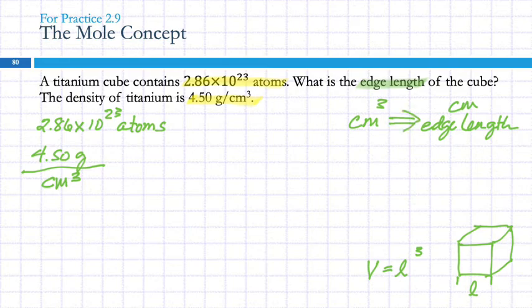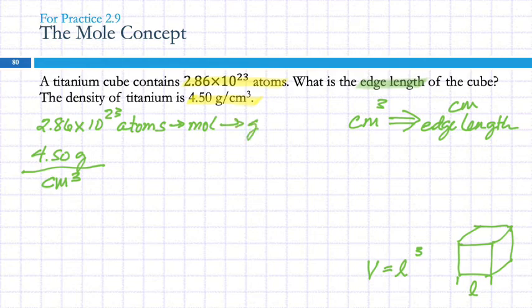And I'm going to make this a different looking arrow. This is a problem where we have to use dimensional analysis and an equation. How do we get from atoms to volume? We want to get to grams, so we're going to go to moles first. Moles to grams.